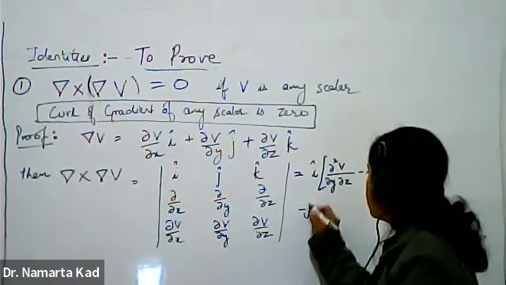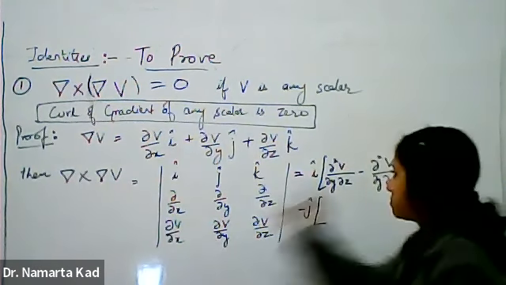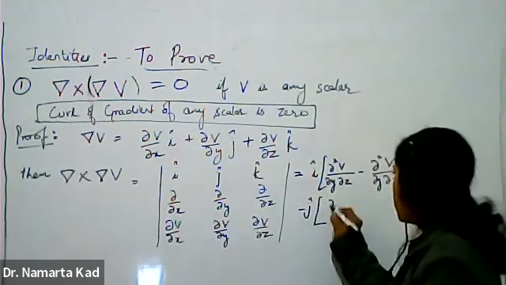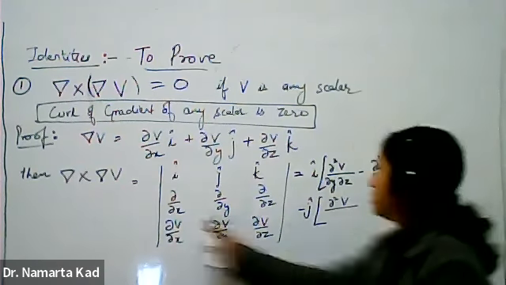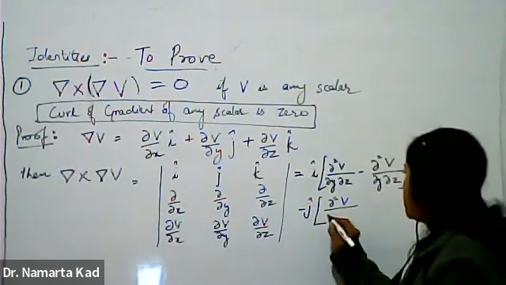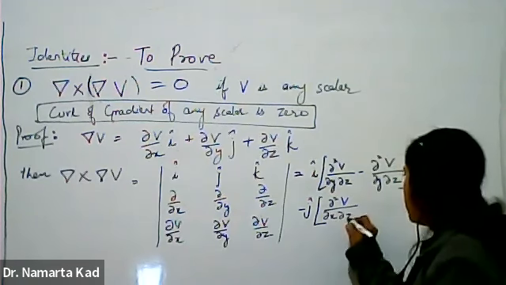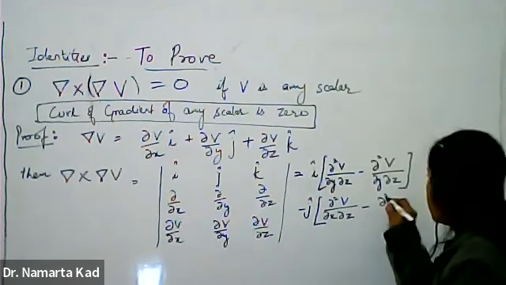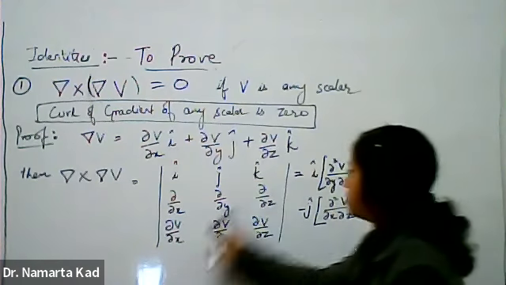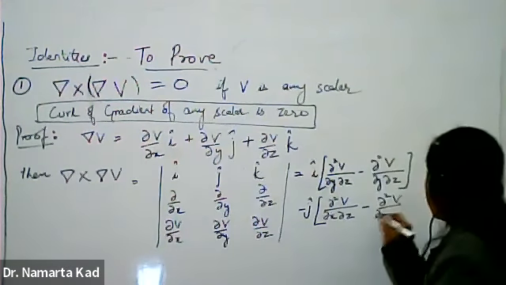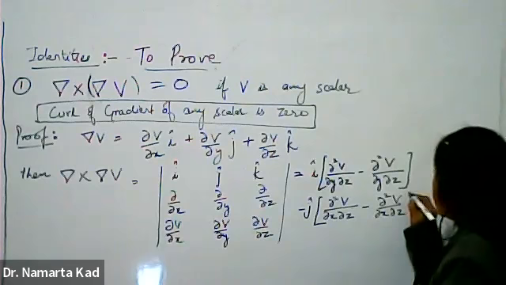Then minus j cap, curly square v by curly x curly z minus curly square v by curly x curly z.